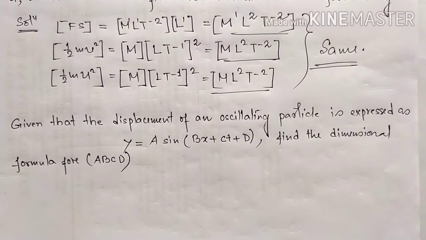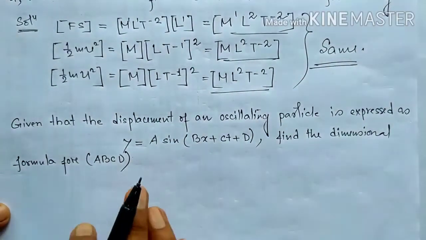We have to first find the dimensional formula for a, b, c, d individually, and thereafter write the combined dimensional formula for a, b, c, d. That's all that has been asked in the question.